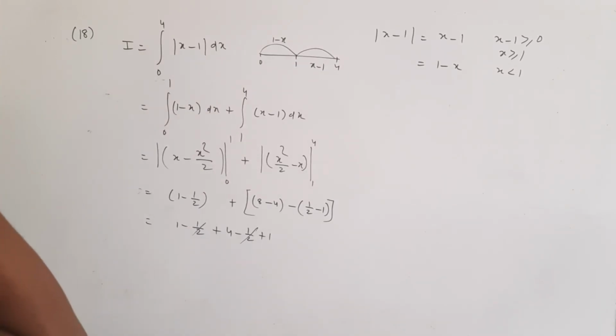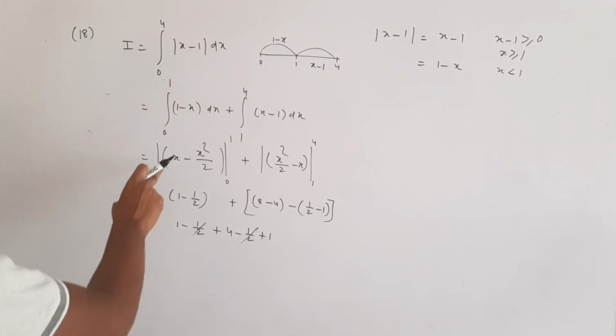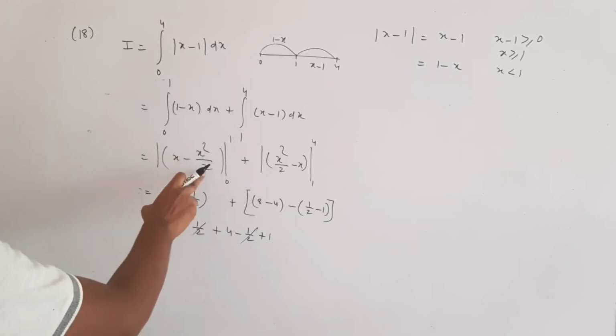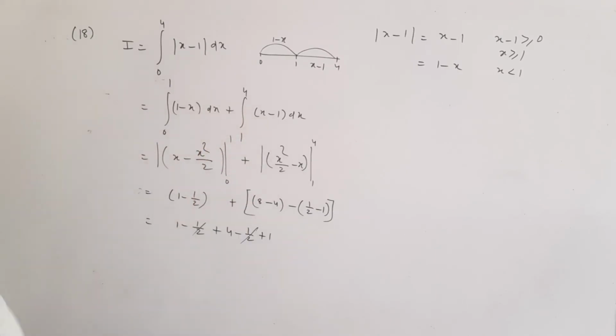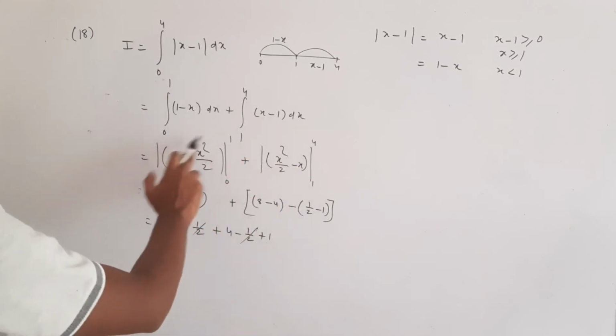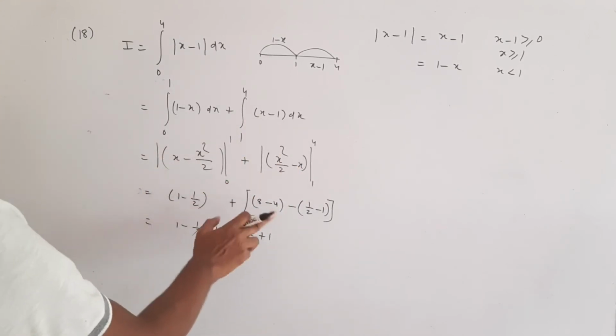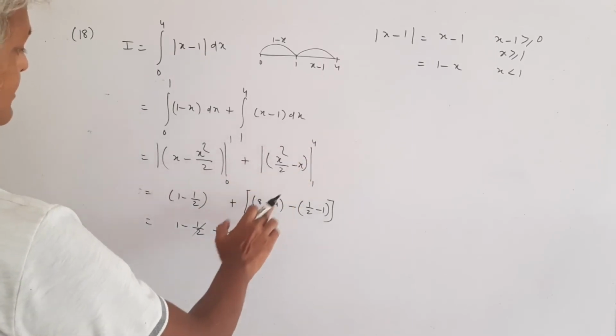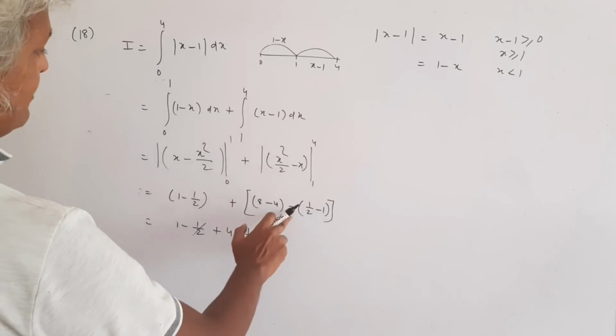Now let me check one more time. This is 1 minus 1 by 2, so when I put 1 there, this is x minus x square by 2. For 1 to 4, x square by 2 minus x. When I put the upper limit 1 minus 1 by 2, 0 gone. And then if you put 4, 4 square 16 by 2 is 8 minus 4, fine, minus.